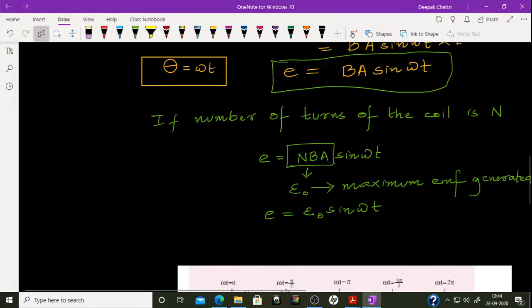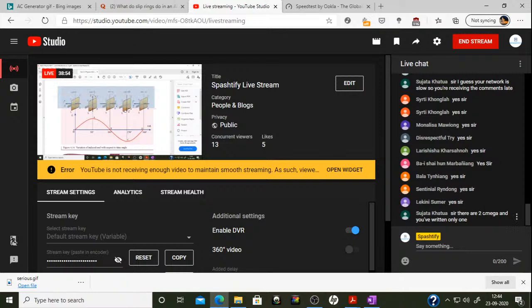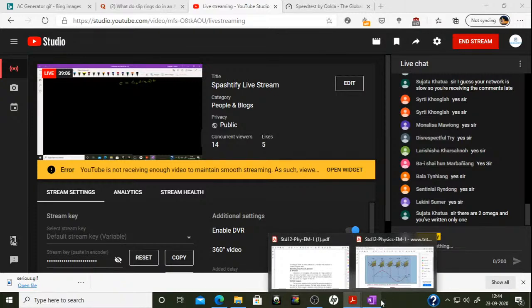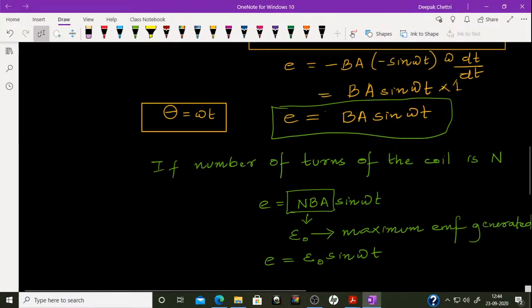Right, is it clear how I got E is equal to E naught sine omega t? Is that part clear? There is one more omega, sorry about that. So it will be omega BA, right? So all these are constant, NBA omega.